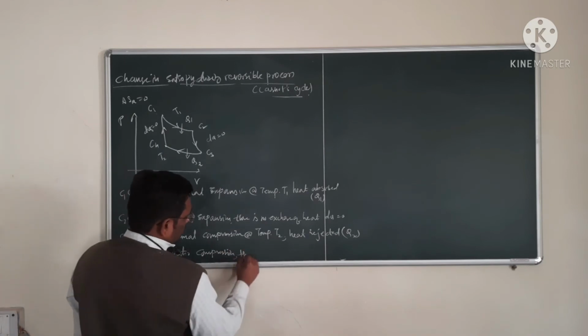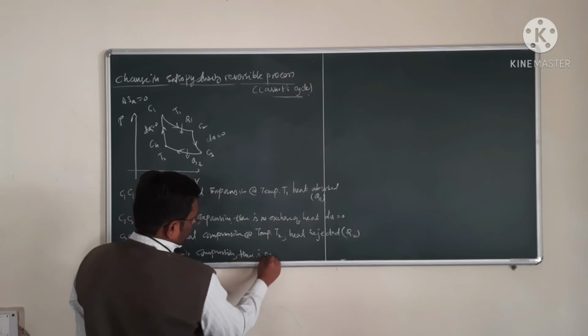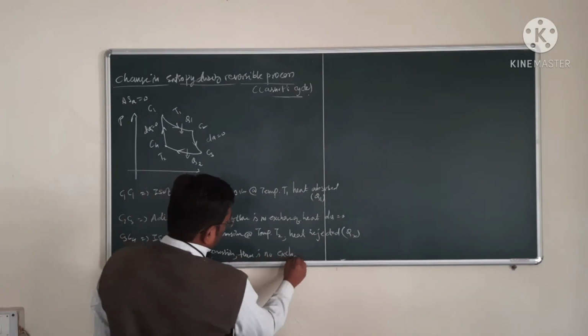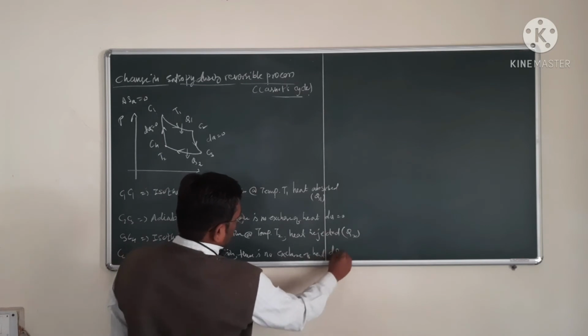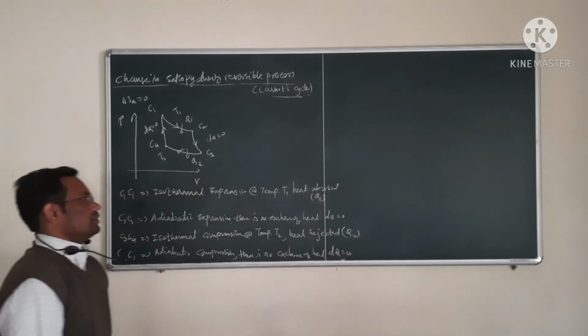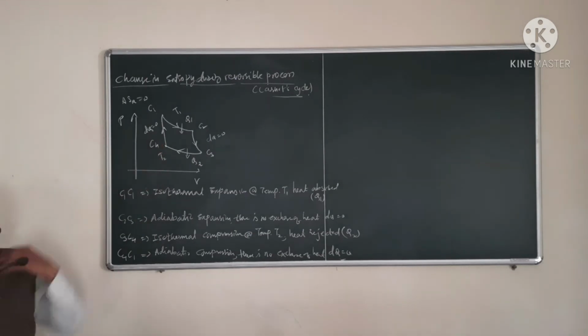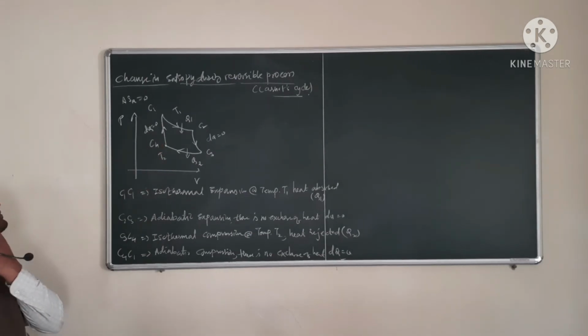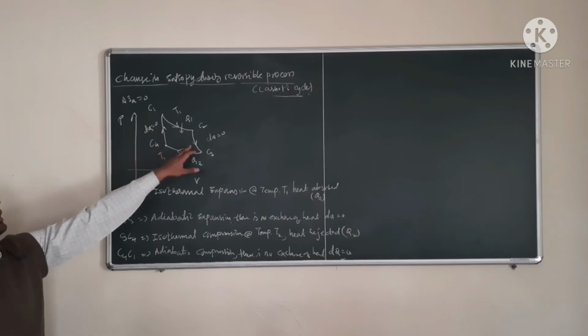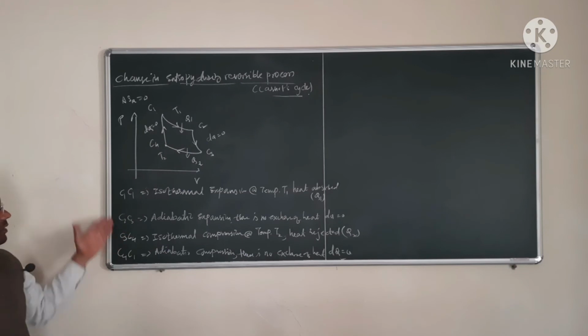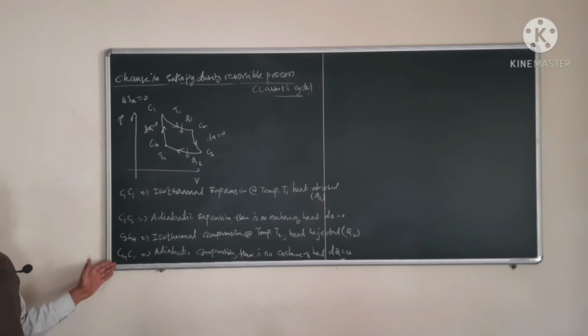There is no exchange of heat, so dq is equal to 0 for C4 to C1. So we have four processes: isothermal expansion, adiabatic expansion, isothermal compression, and adiabatic compression. I have explained all four processes here.